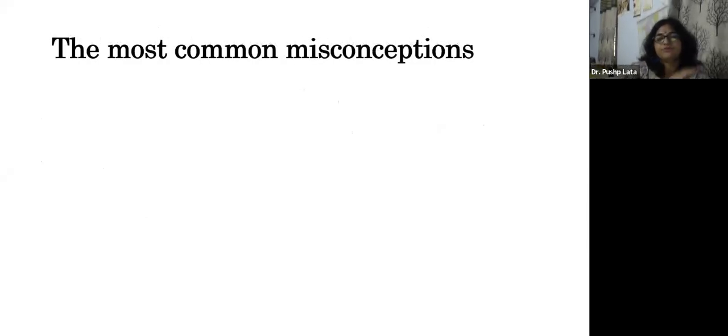Now, can you tell me two major misconceptions that people have when it comes to writing? Yes, can I have a few answers? Because now, with your experience, you could have understood by now that there are certain misunderstandings about research.